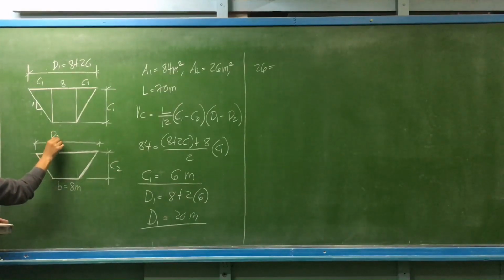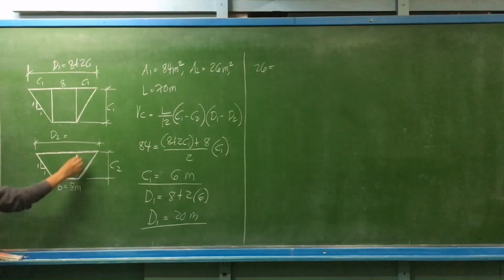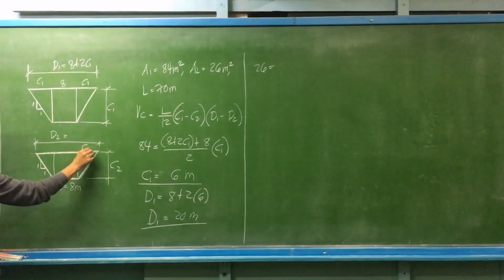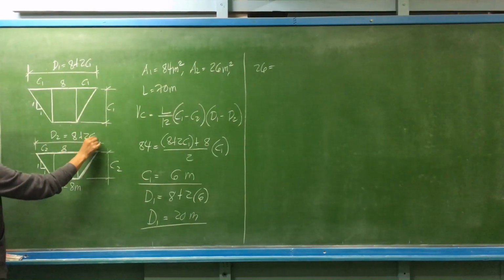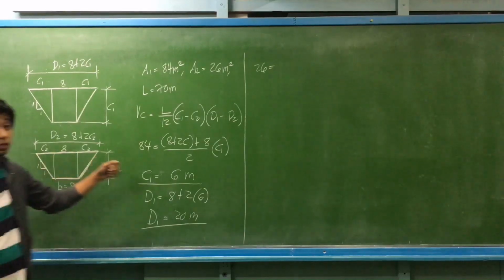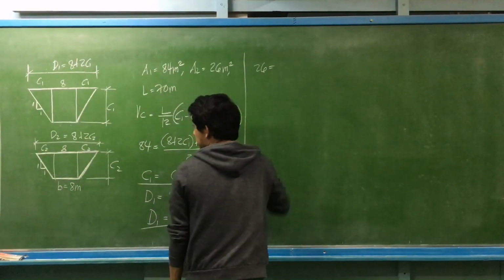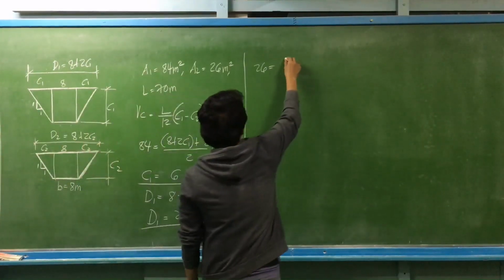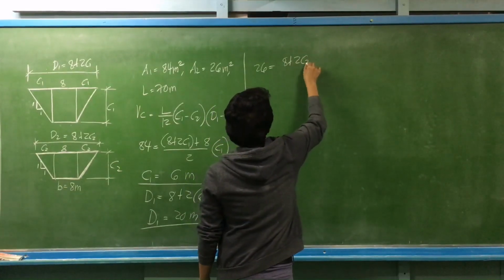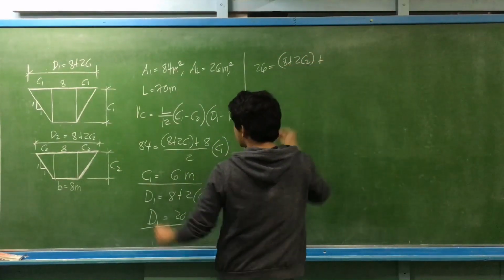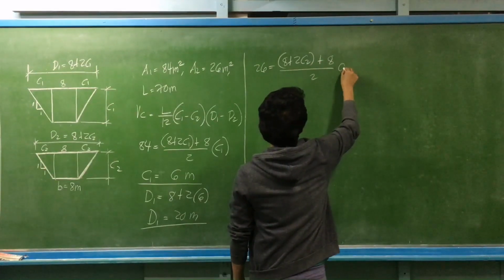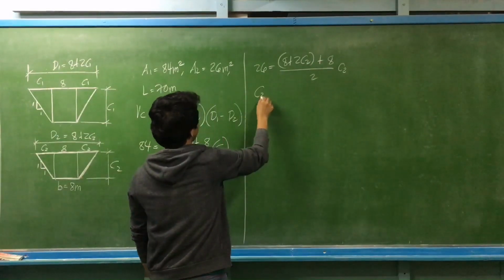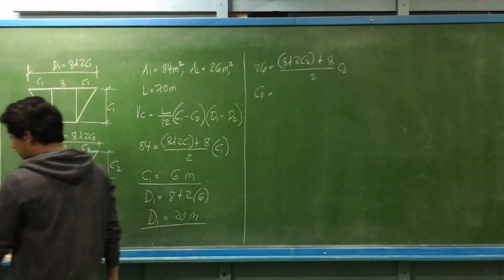Since 1:1, pareho lang ito ng C2, this is 8. We have 8 plus twice of C sub 2. So area ng trapezoid, 26 equal to top base, that is 8 plus twice of C sub 2 plus yung bottom base niya is the width 8, divided by 2 times C sub 2. Makuha natin yung dimension ni C sub 2.